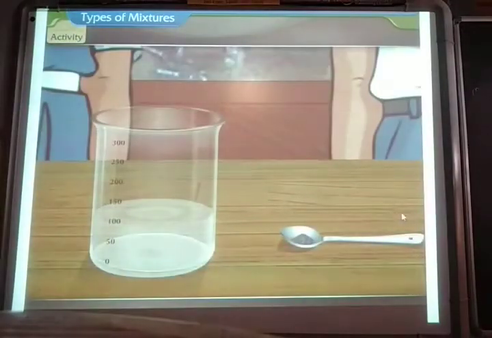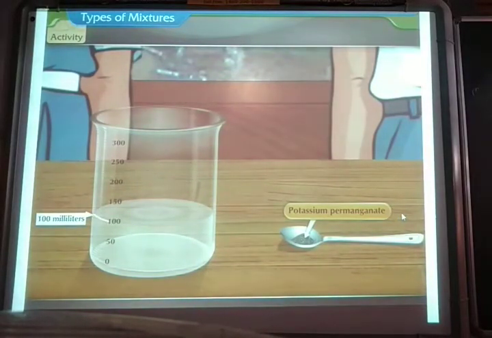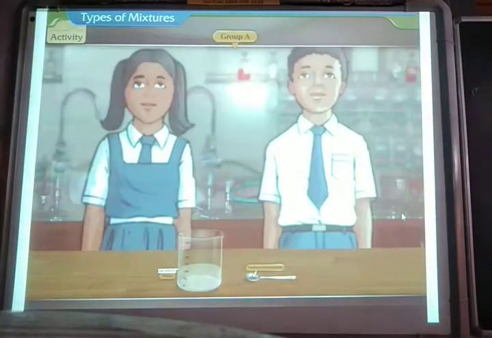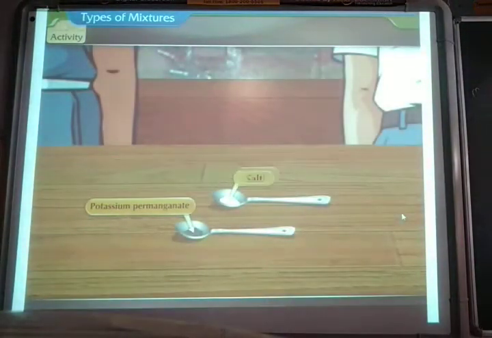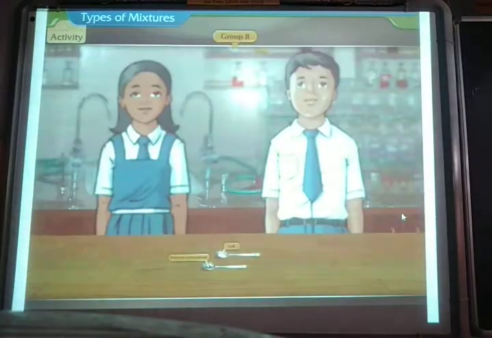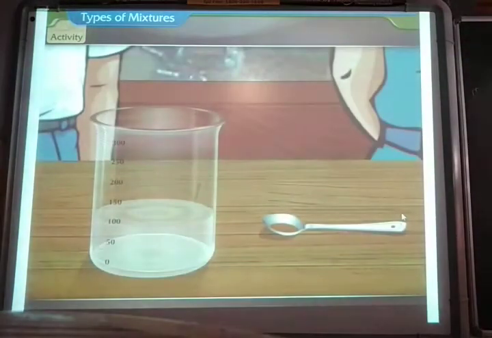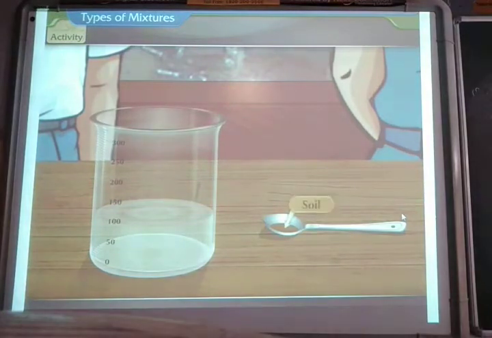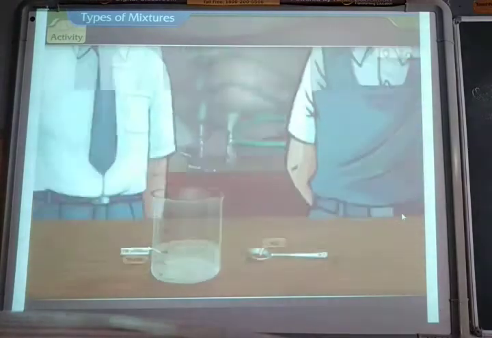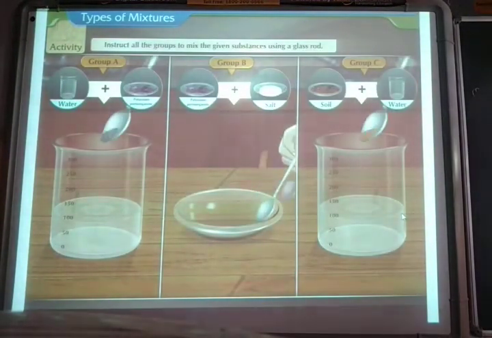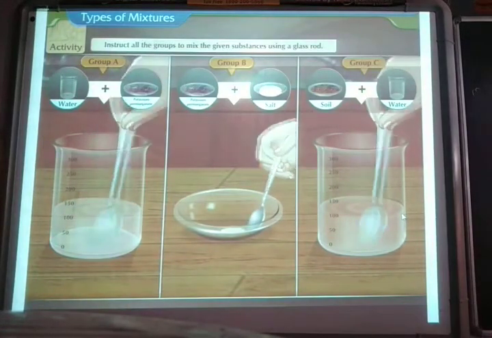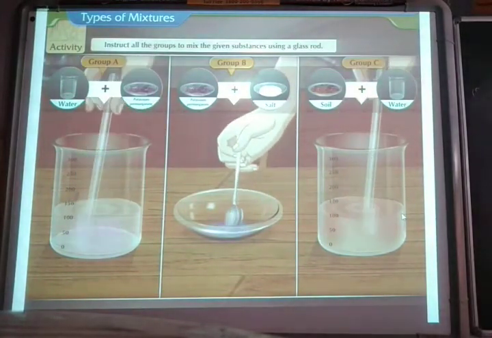We shall give half a spoon of potassium permanganate and 100 milliliters of water to Group A. Half a teaspoon of potassium permanganate and half a teaspoon of salt to Group B. And half a teaspoon of soil and 100 milliliters of water to Group C. Now, instruct all the groups to mix the given substances using a glass rod.